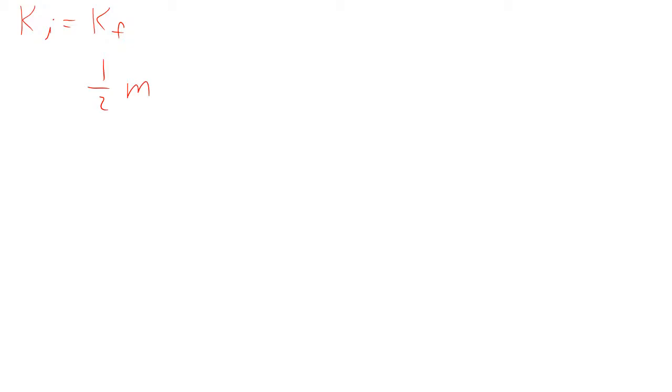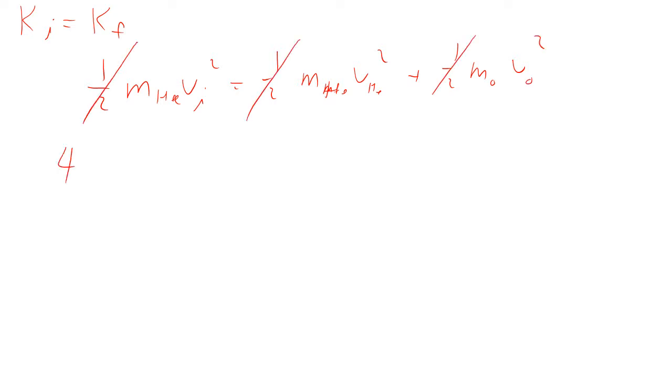So 1/2 mass of the helium times the initial velocity squared has to equal 1/2 mass of the helium times velocity of the helium squared plus 1/2 mass of the oxygen times velocity of the oxygen squared. So the 1/2s all cancel. So again, same thing.